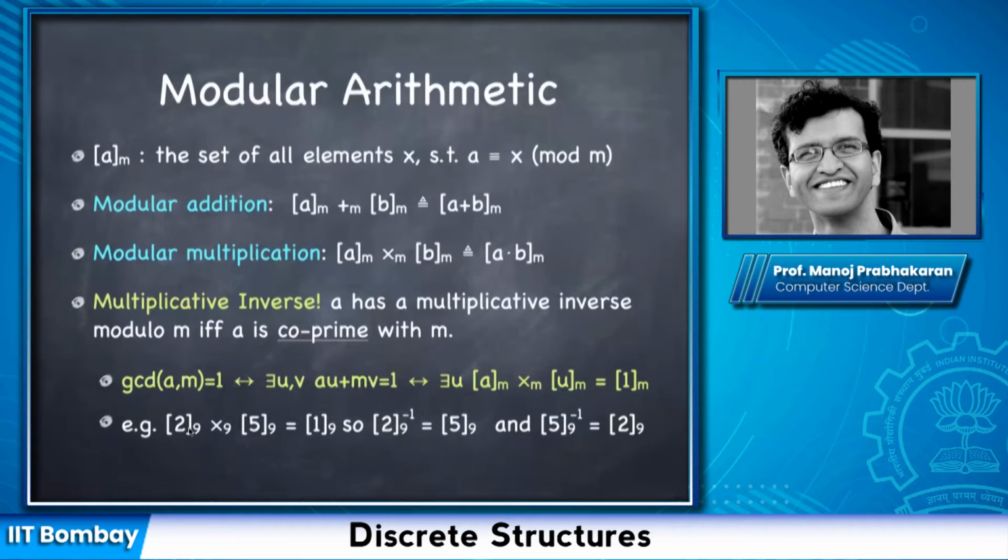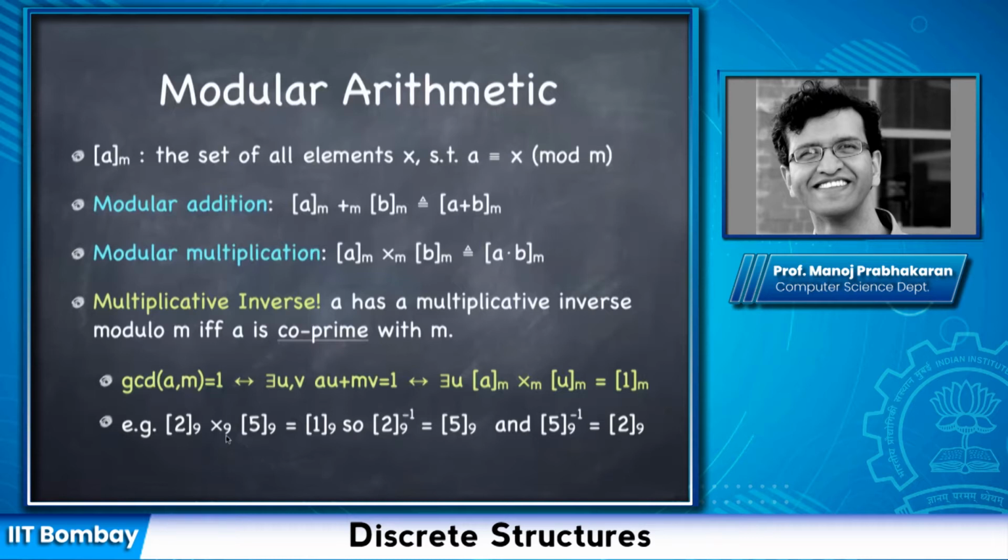So 2 inverse is 5 and 5 inverse is 2, and this condition would say, okay, for that 2 should be co-prime with 9 and 5 should be co-prime with 9, and indeed that is the case, right? So this is just one example of that happening.